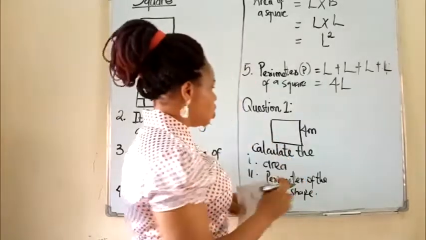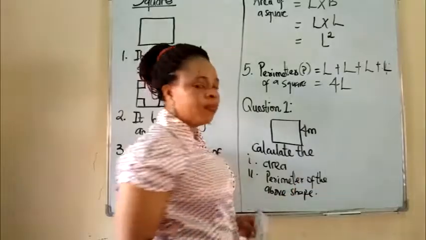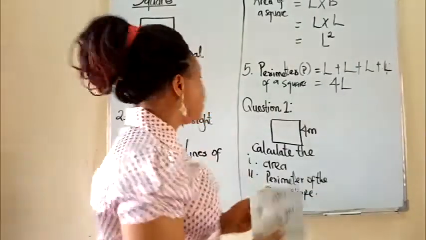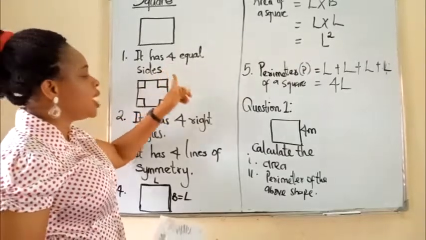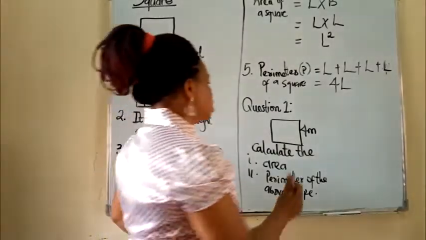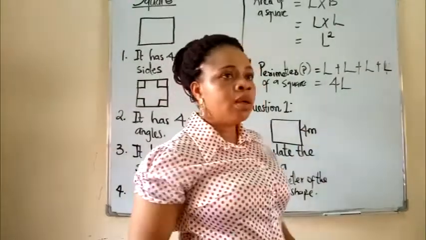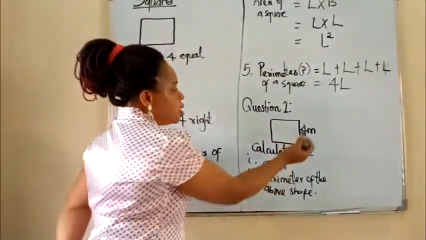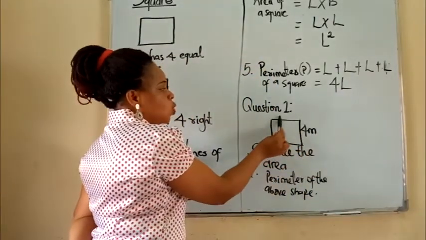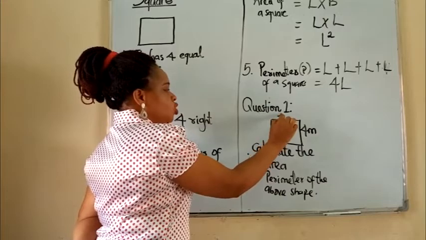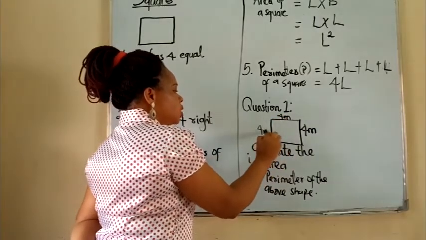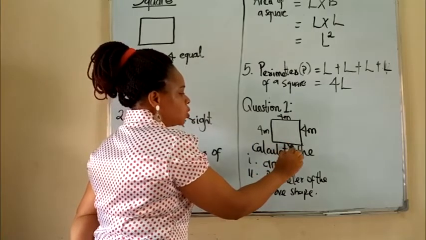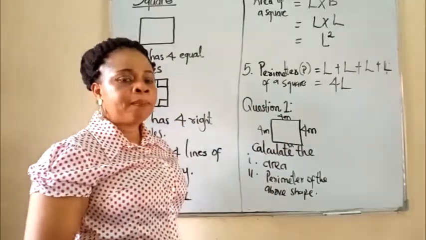But for this one, just remember property number 1 about a square is that all the sides are equal. It means that this side is also equal to this side, which is 4m. And this side is equal to this one, 4m, and this side is equal to this one, 4m.